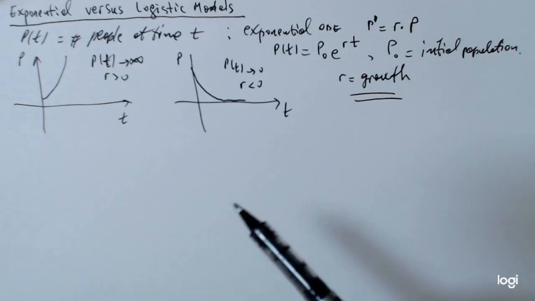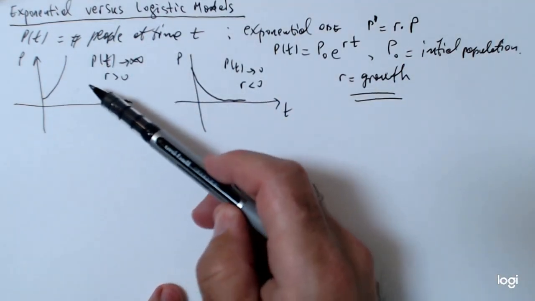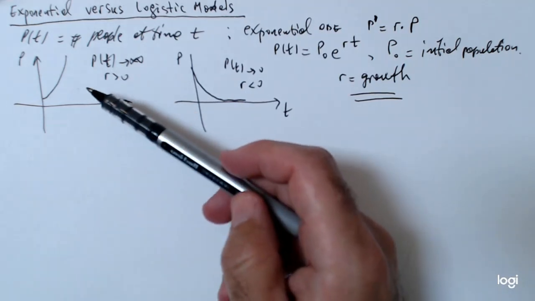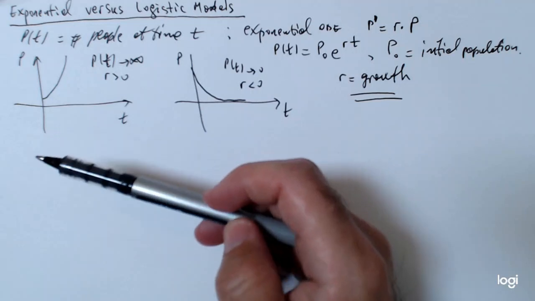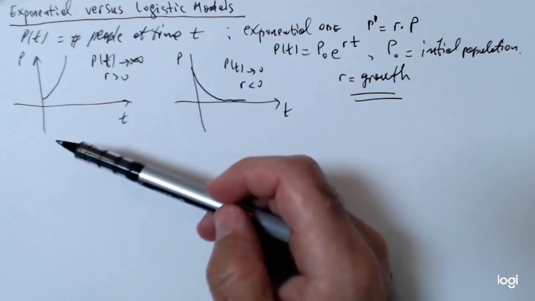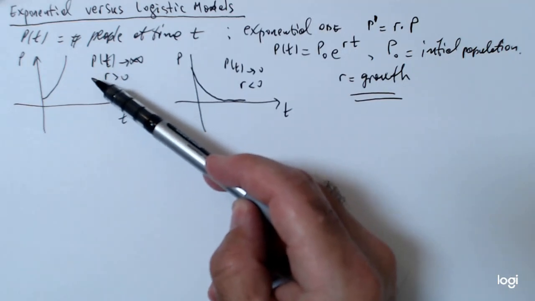So the logistic model comes as an improvement of this problem, of the fact that the population should increase to infinity pretty much in any circumstance. We're not going to get into too much detail right now to justify the various situations that will cap the population growth.